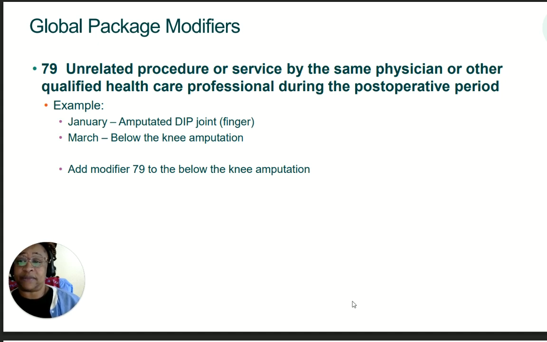So we're going to add the 79 modifier because why? The amputation of the finger has a 90-day global period. The knee amputation was done in March, which is within that global period. So we're going to add that 79 to the knee amputation because it's unrelated to the finger that was done within that global period. Hope it's clear.